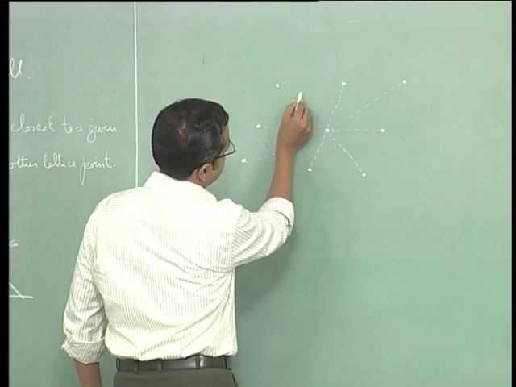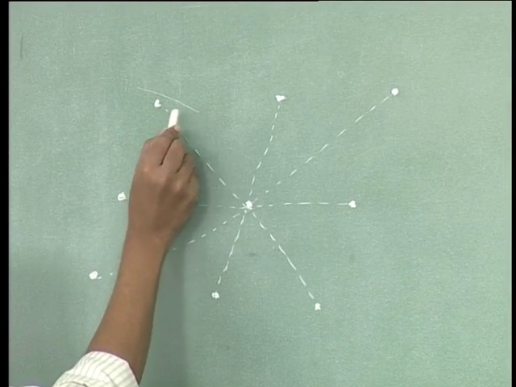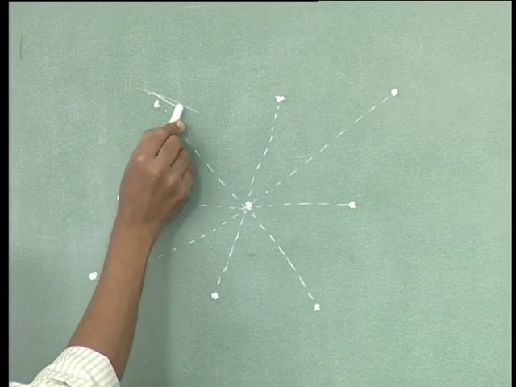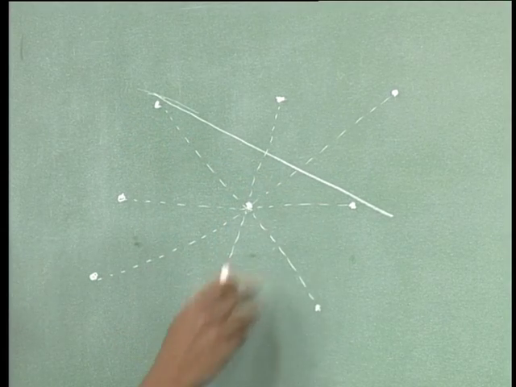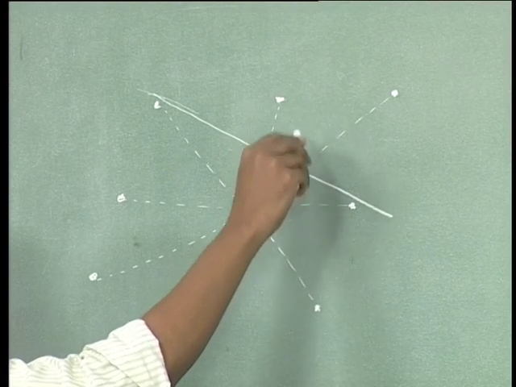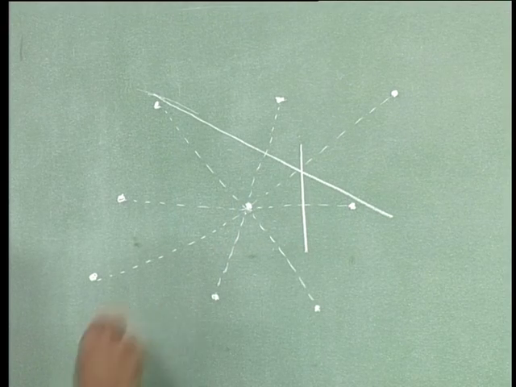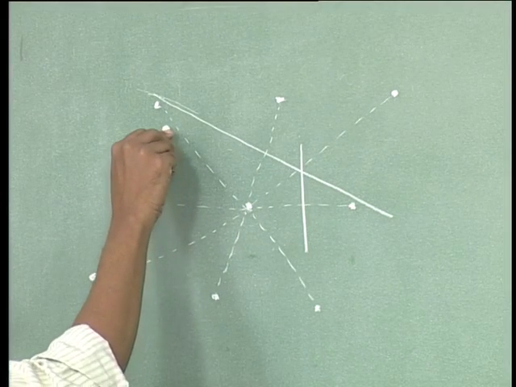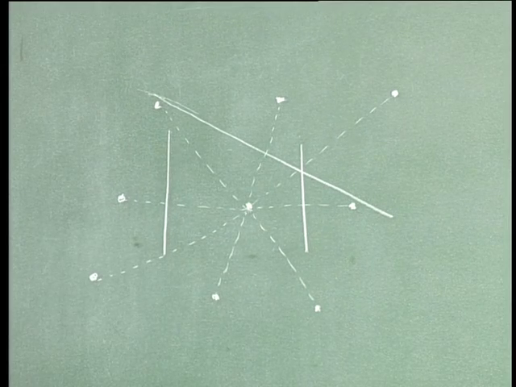So perpendicular bisector of this would look something like that. Okay, perpendicular bisector of this would look something like that. Perpendicular bisector of this would look something like that. Okay, it is not exactly in the middle.